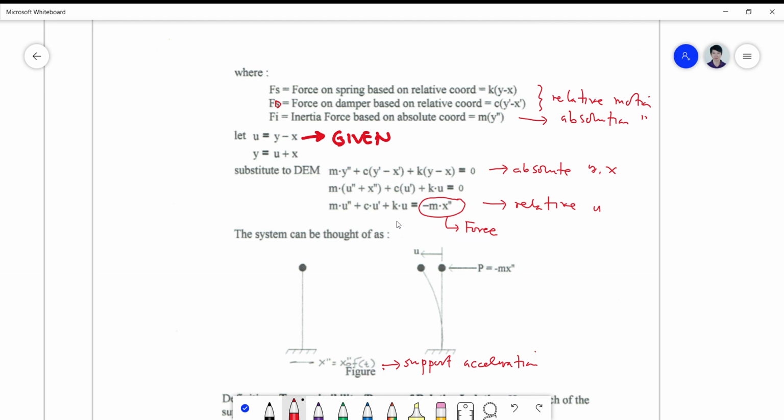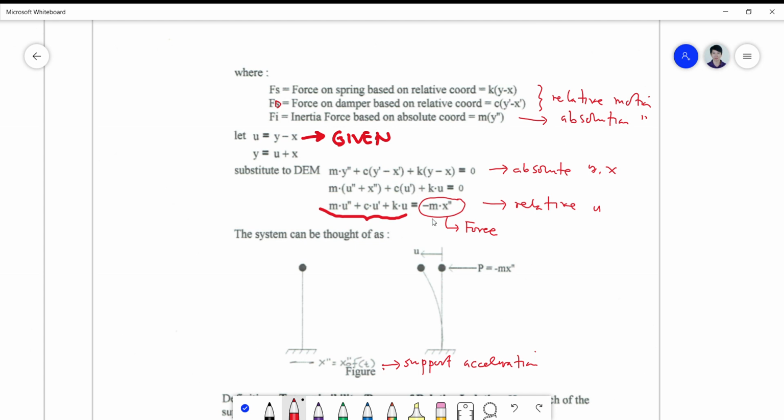So this is more common and more appropriate, such that we again converted the differential equation of motion from free vibration into a forced vibration simply by taking note that the force is simply the mass of the system multiplied by the acceleration of the support.